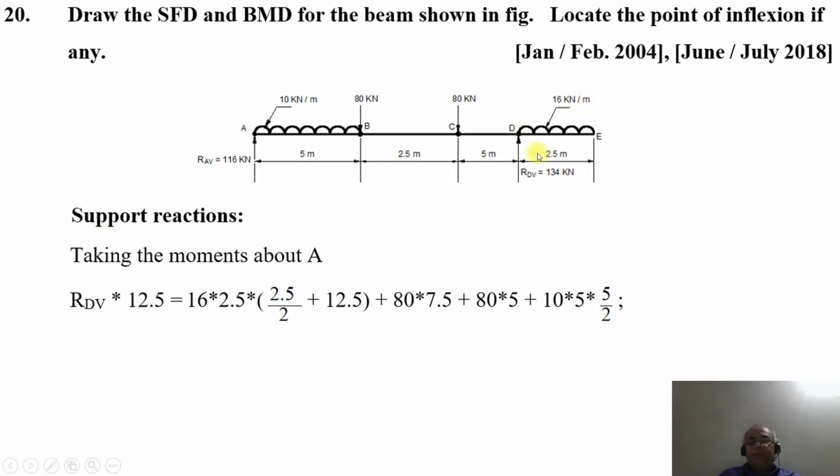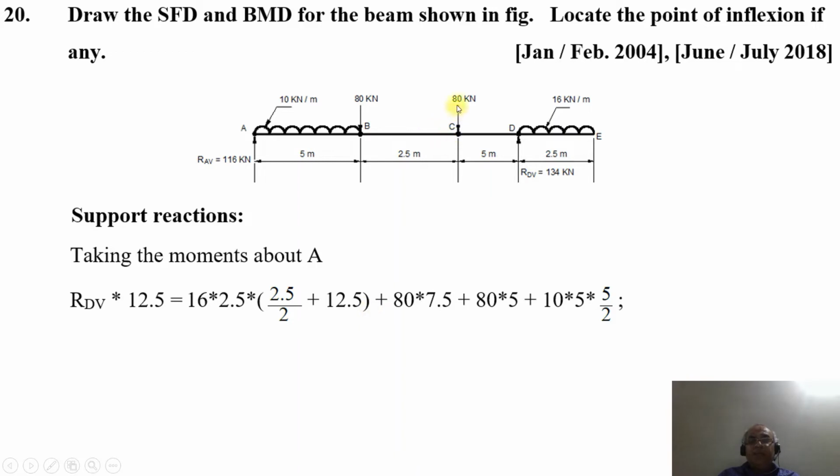RDV into 12.5 will be equal to, first we take 16 kilonewton per meter for a distance of 2.5 meters. So W into X by 2, that means 16 into 2.5 into, open the bracket, 2.5 by 2 plus 12.5, close the bracket.